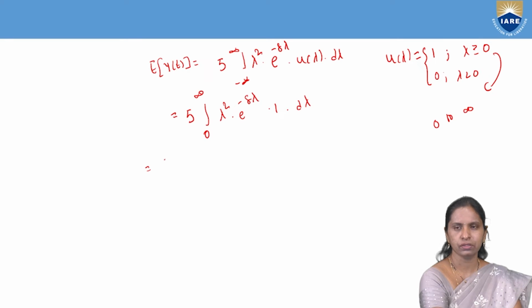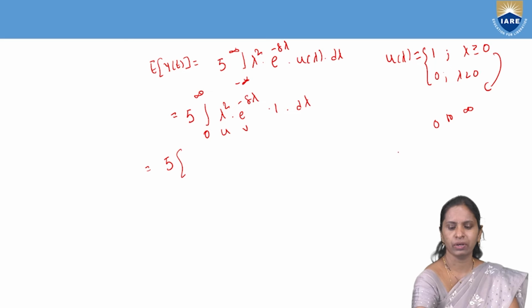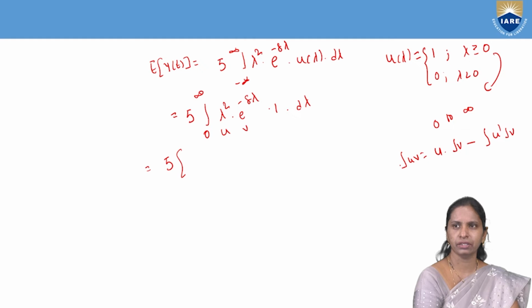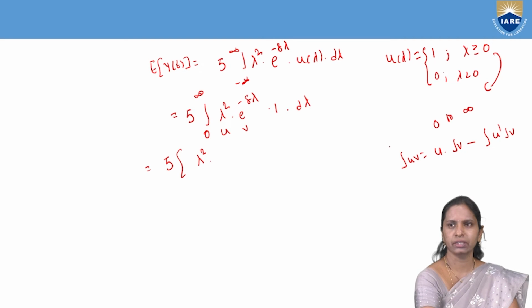Then it equals 5 into, this is like the integration of uv. So what is the integration of uv formula? u into the integration of v minus the integration of u dash into the integration of v. So you apply the integration of uv formula and then simplify this. Then what can you obtain here? Lambda square into, you have to select the value of u such that it is differentiable.